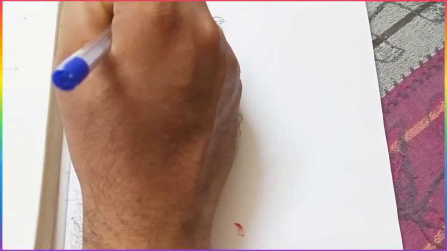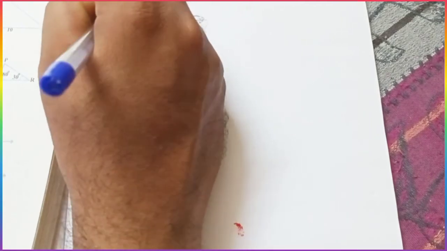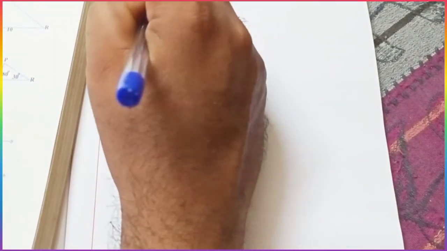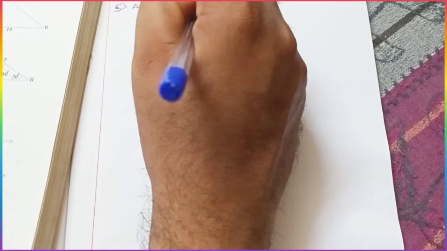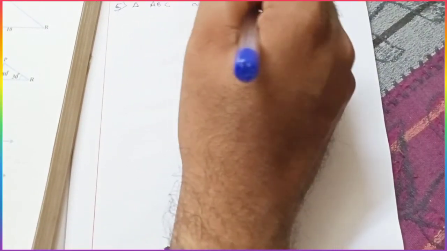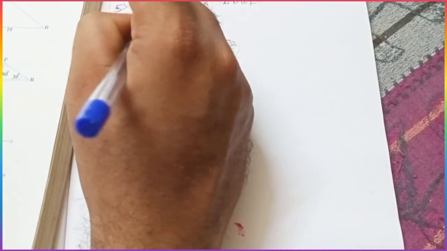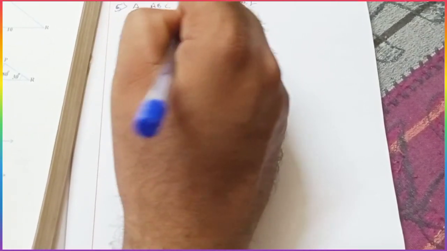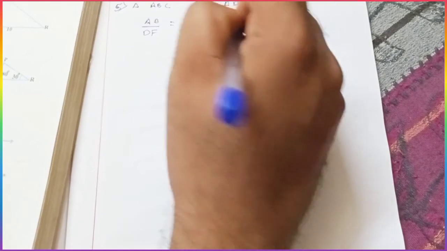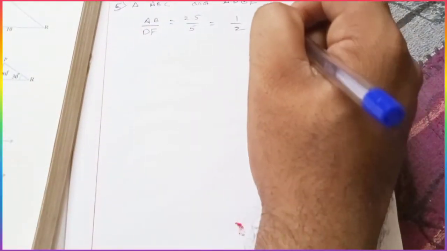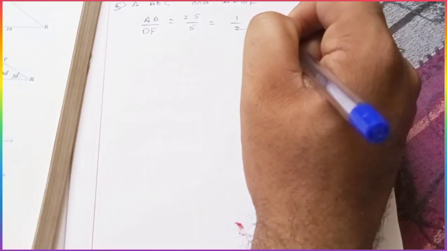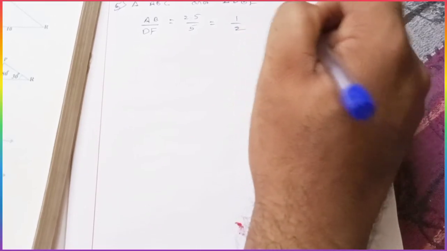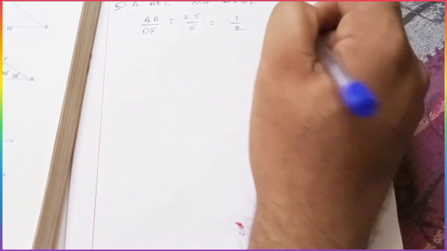I will write down here the fifth one. Triangle ABC and triangle DEF. So AB by DF is equal to 2.5 by 5, that is equal to 1 by 2. Next one, BC by EF is equal to 3 by 6, that is also equal to 1 by 2.